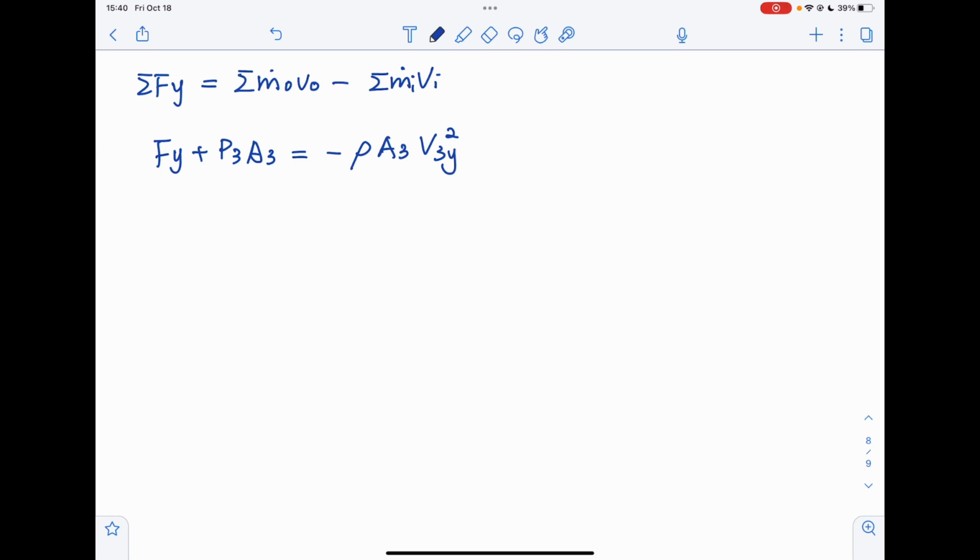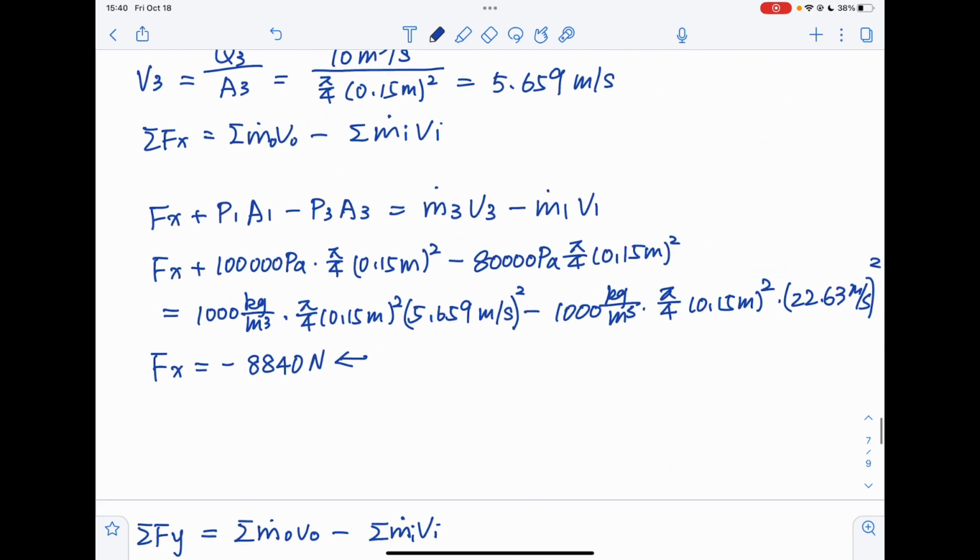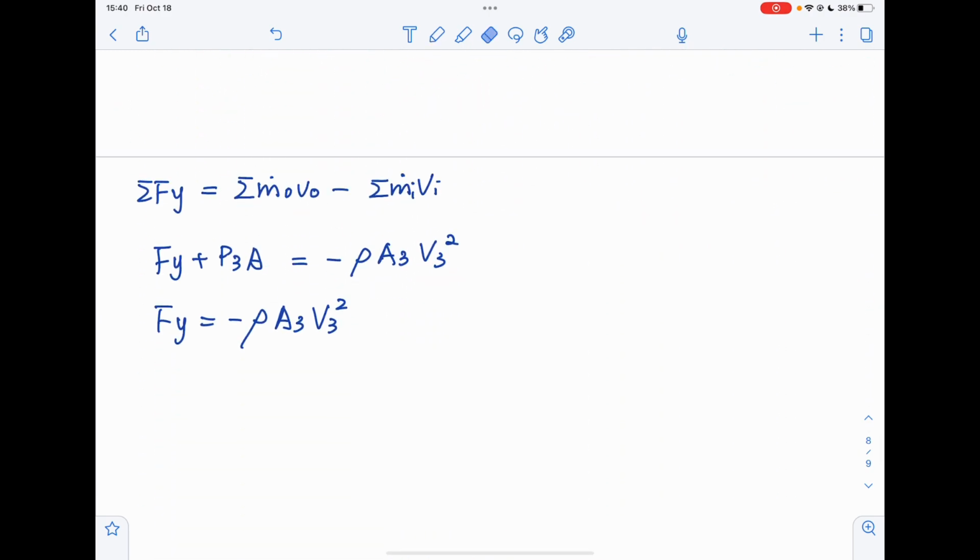So Fy equals negative rho A2 V2 minus P2A2.